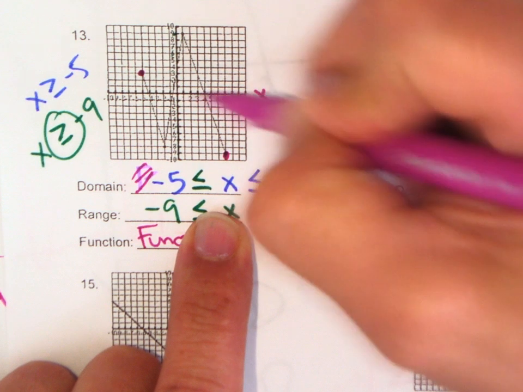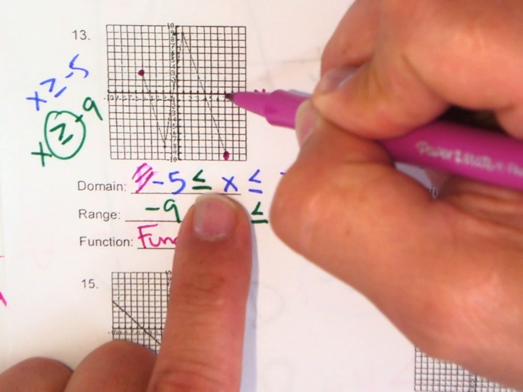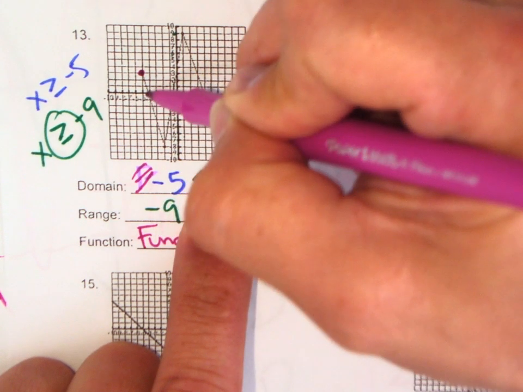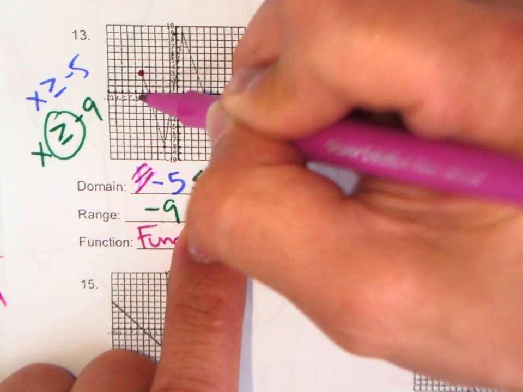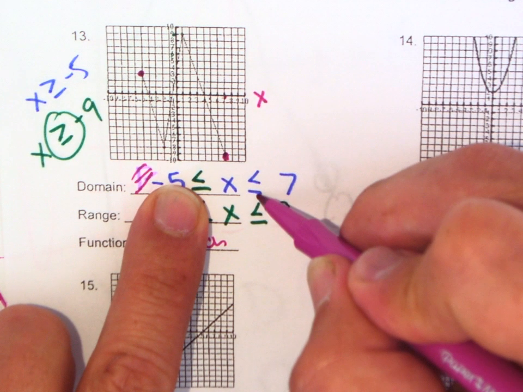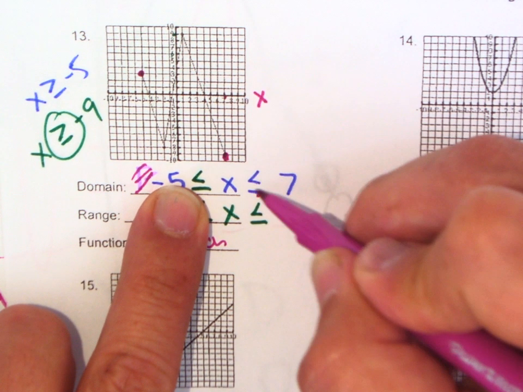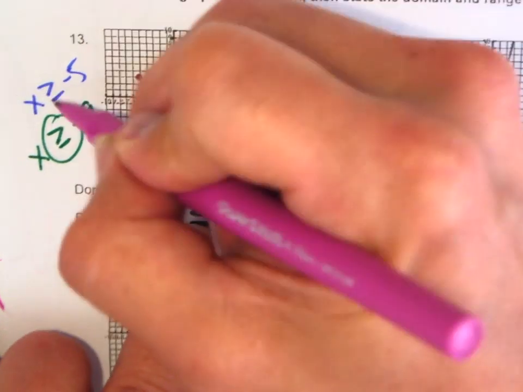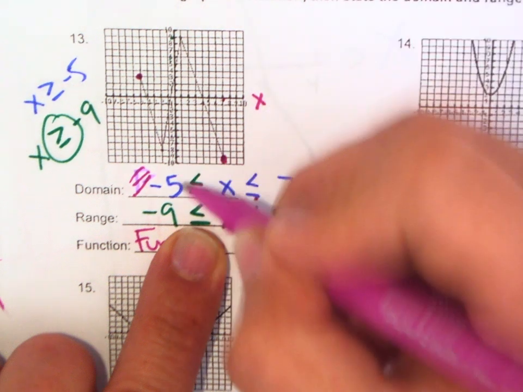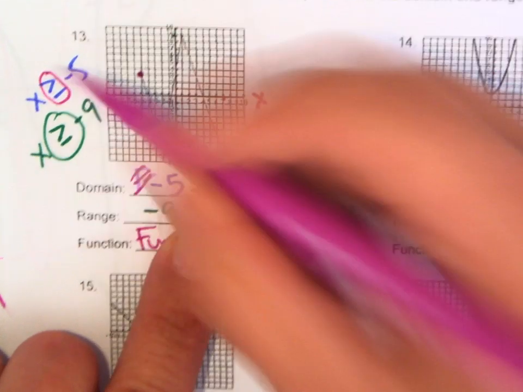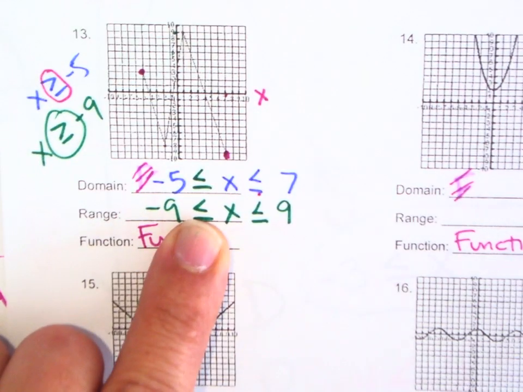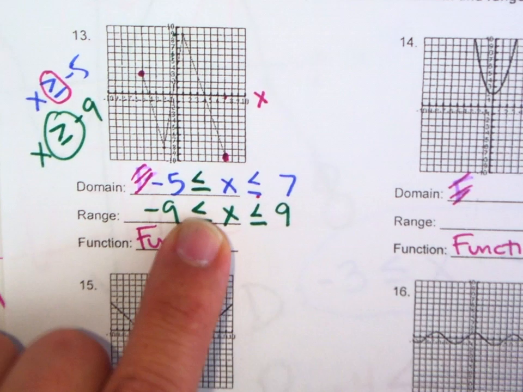If I go down the line, it's right here when x is 7. And what's the smallest? -5. So x is smaller than and equal to 7. You want all the numbers that are smaller and equal to 7, and you also want the ones that are bigger than or equal to -5. So remember, you have to flip the inequality, and it looks like this. Good? Bam!